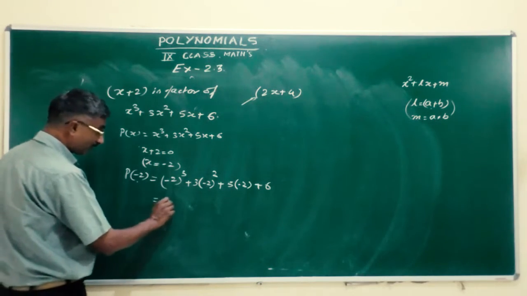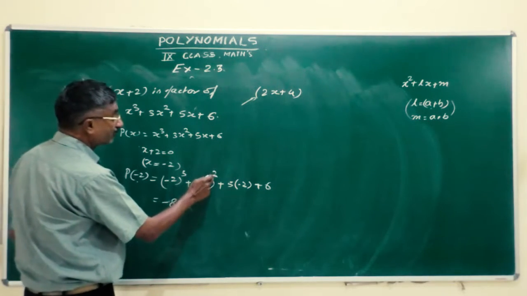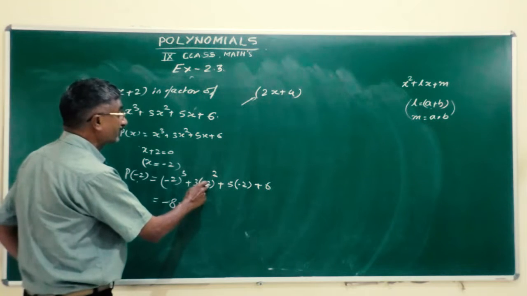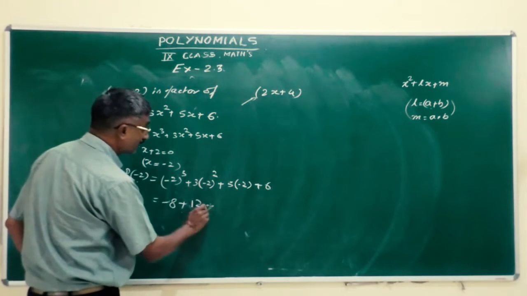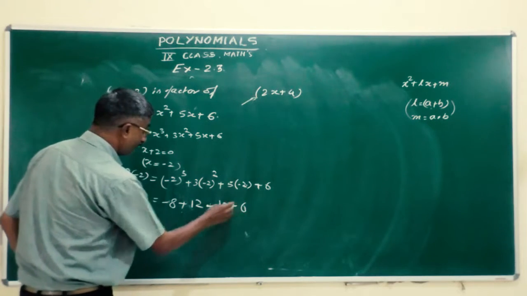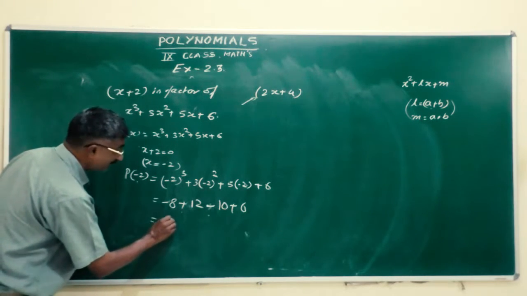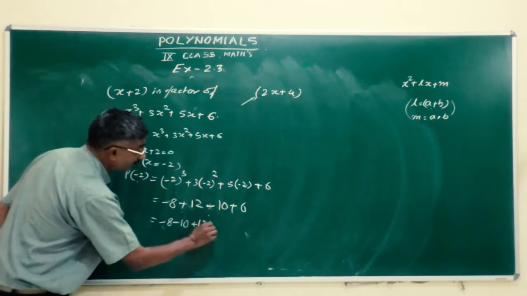So, this is equal to (minus 2) whole cube, which is minus 8, plus 3 into (minus 2) square, which is 3 times 4, so 12, plus 5 into minus 2, which is minus 10, plus 6. So I will write minus 8 minus 10 plus 12 plus 6.